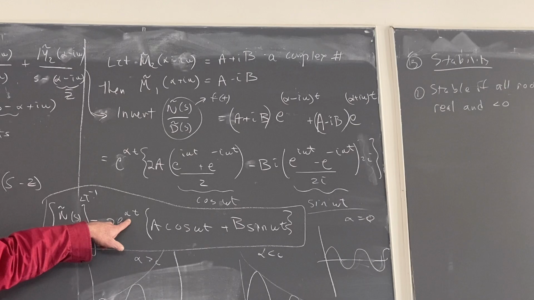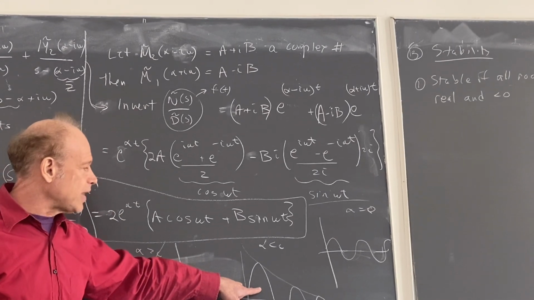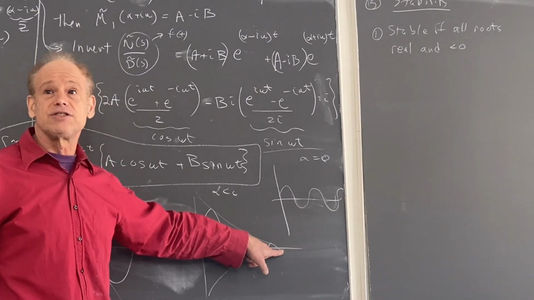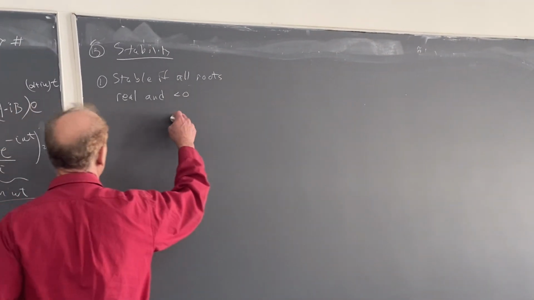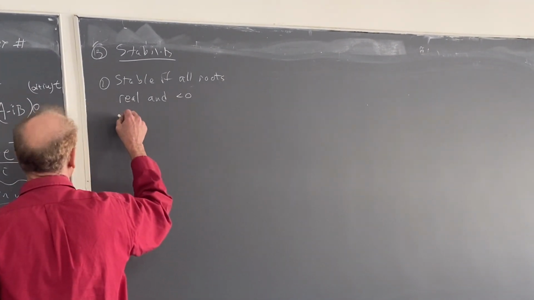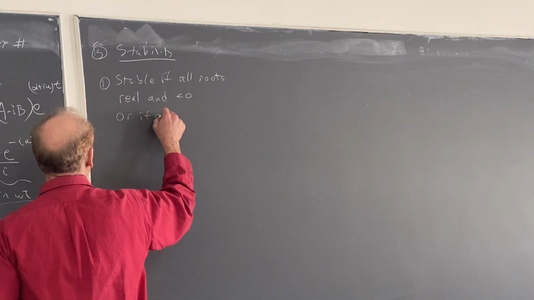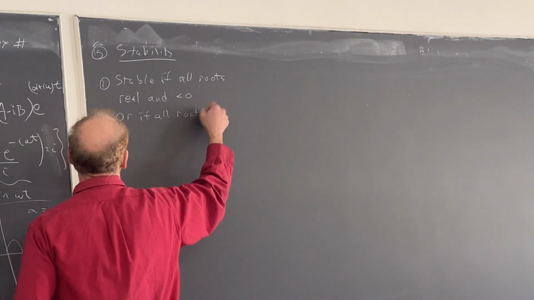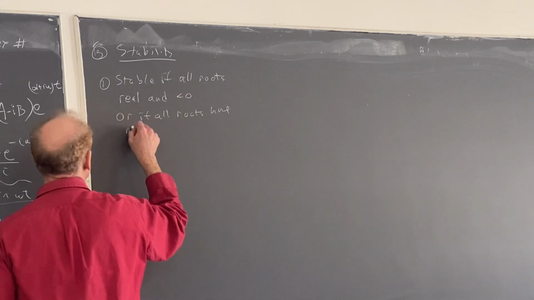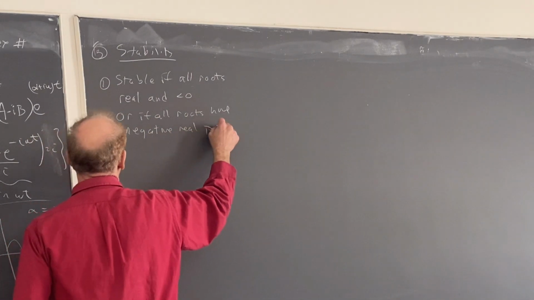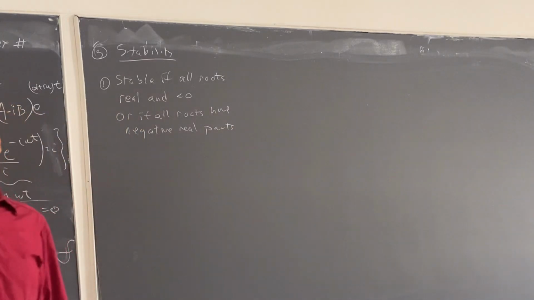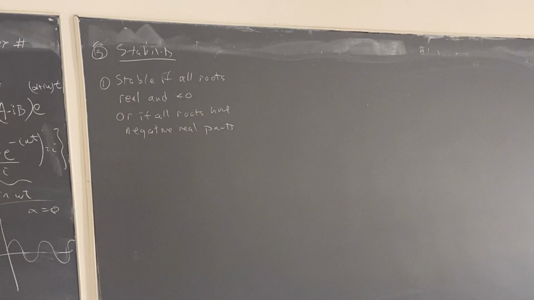If alpha is negative, then eventually all the oscillations die away. So not only if all roots are real and negative, but also if all roots have negative real parts. That's good enough. I can live with this. And I can certainly live with this.